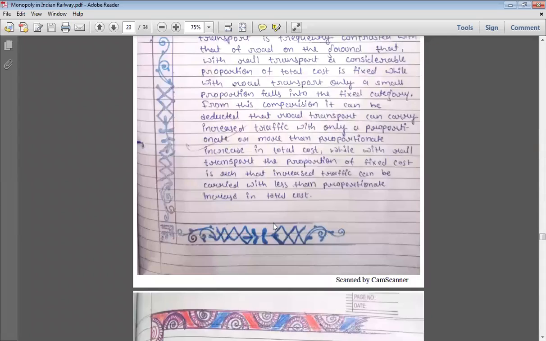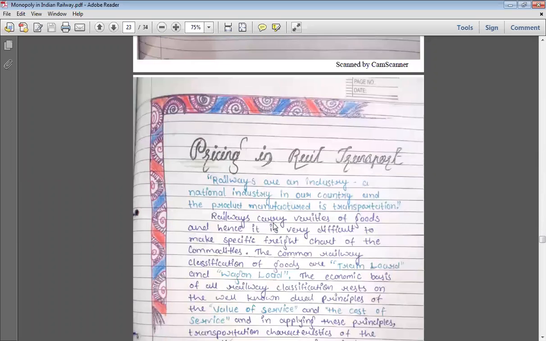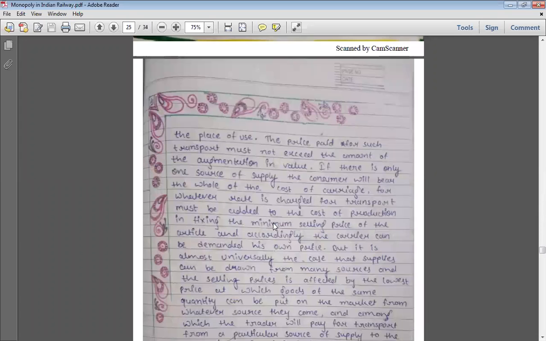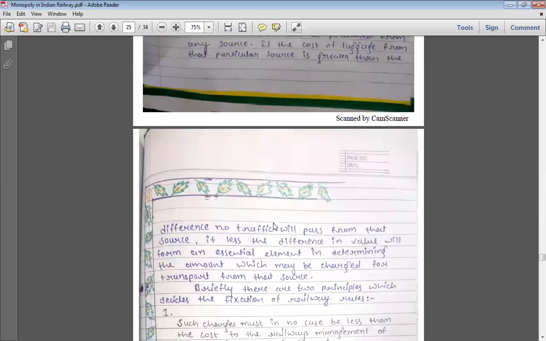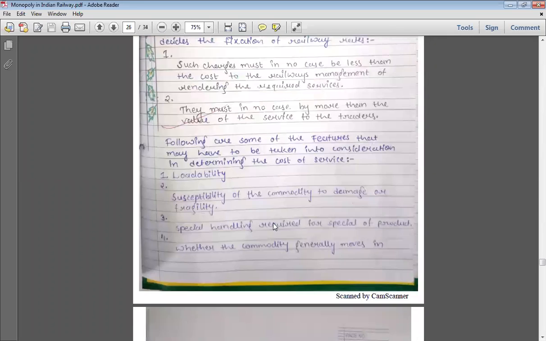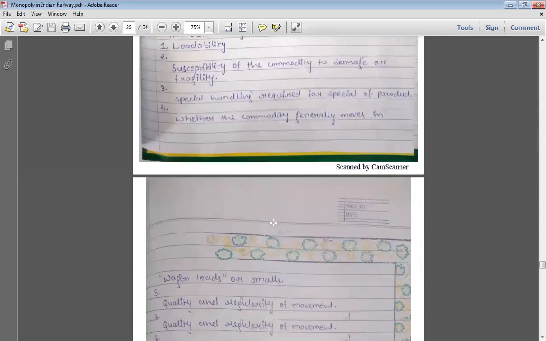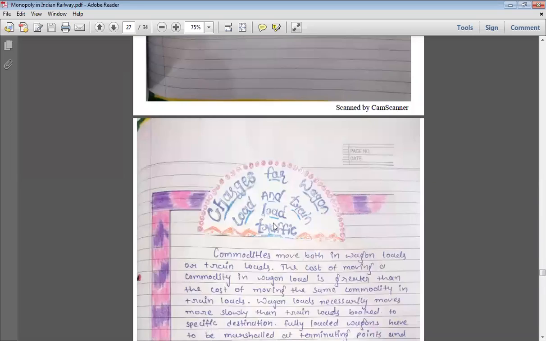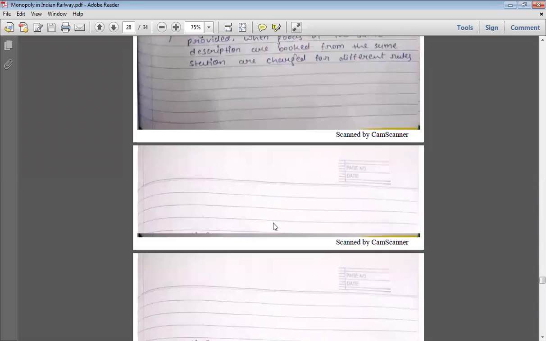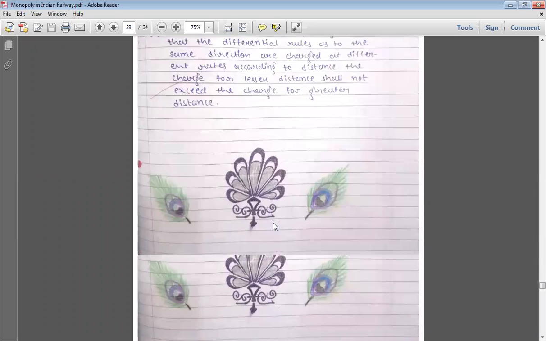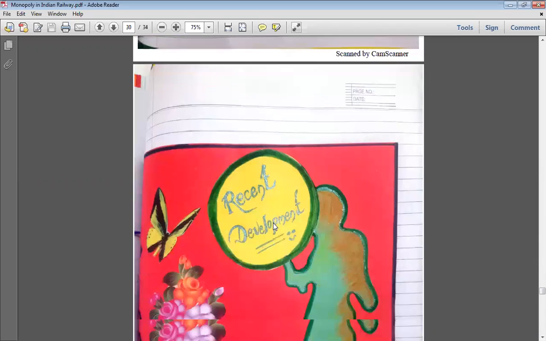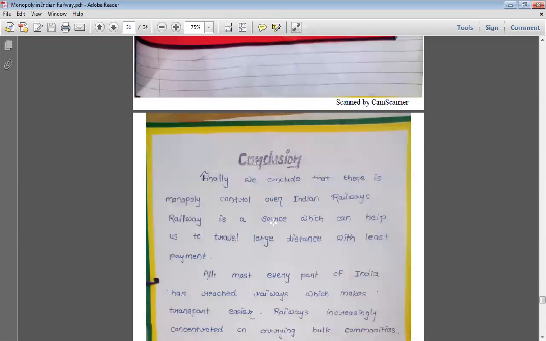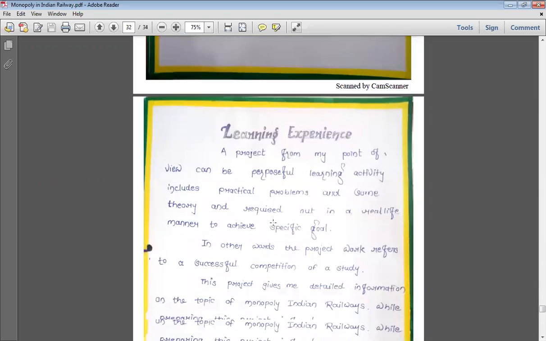If you scribble like what you are doing now in your weekly test, this project will not be considered properly. So those who have poor handwriting, I request you to improve your handwriting and develop your writing skills. So this is your conclusion.